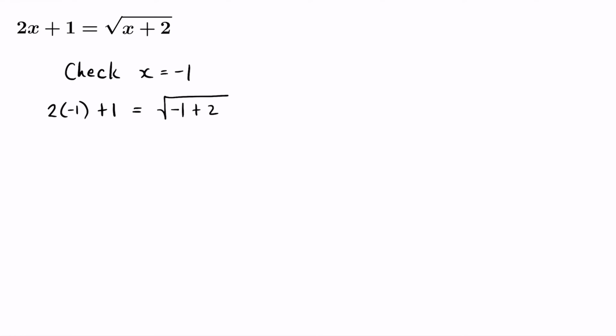The left-hand side is just equal to -1, and the right-hand side is the square root of 1, which is equal to 1. So this equation is false. Therefore, this x value is a false solution, and we call this false solution an extraneous solution or extraneous root.